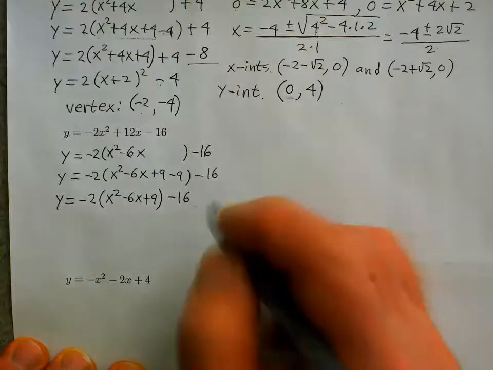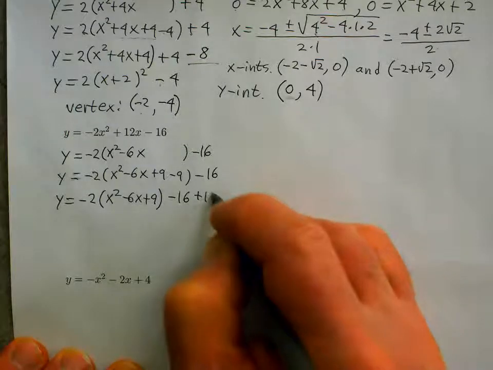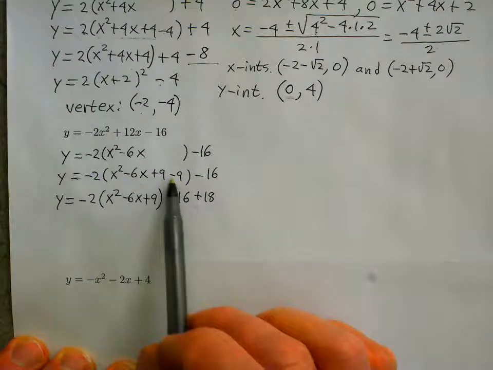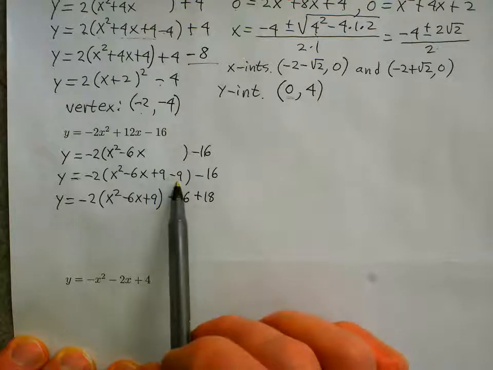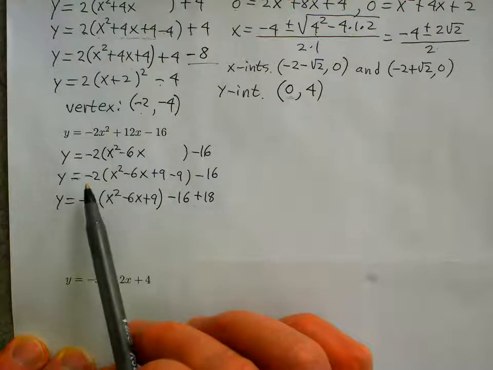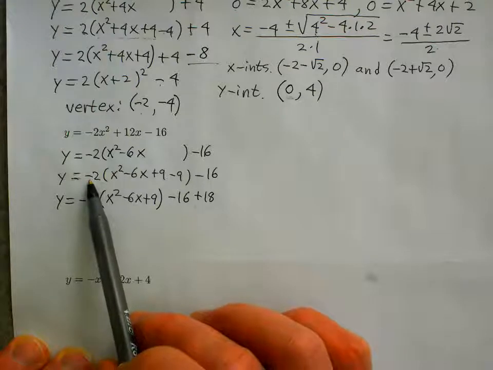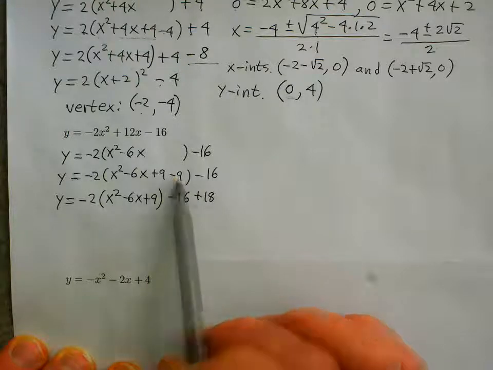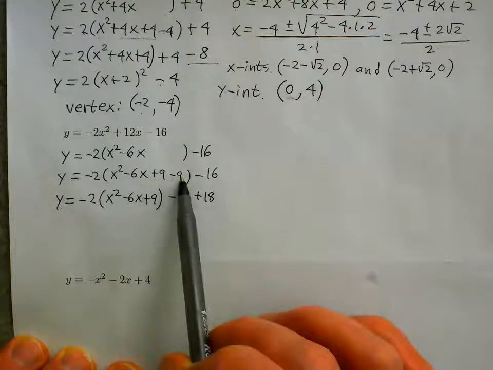All right, I finally got an answer. Plus 18. So in the previous step, the fourth term in the parentheses is minus 9. But we're going to move that out, but we have to multiply it by negative 2. We're just applying the distributive property of multiplication over subtraction. Negative 2 times negative 9 is positive 18.